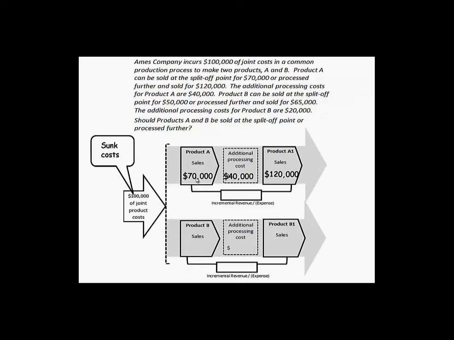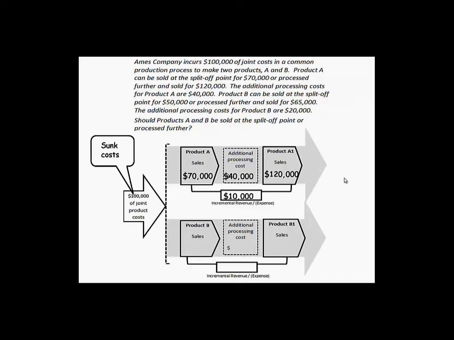Then we subtract out the additional processing cost of $40,000, and we end up with incremental revenues of $10,000. So this would suggest that we would want to process product A into product A1, because we will be better off by $10,000.